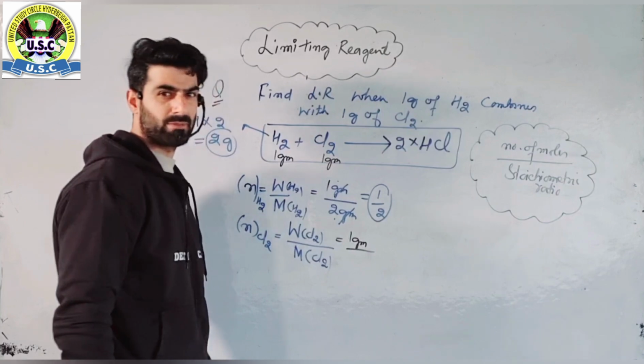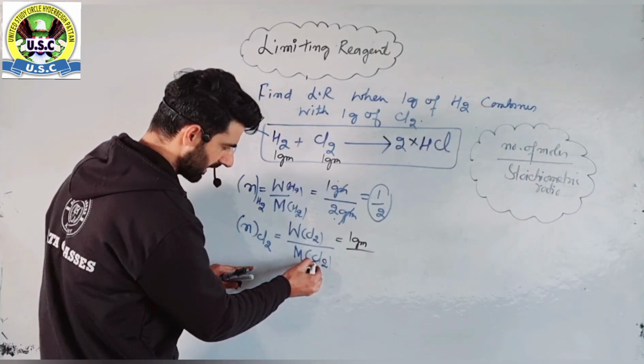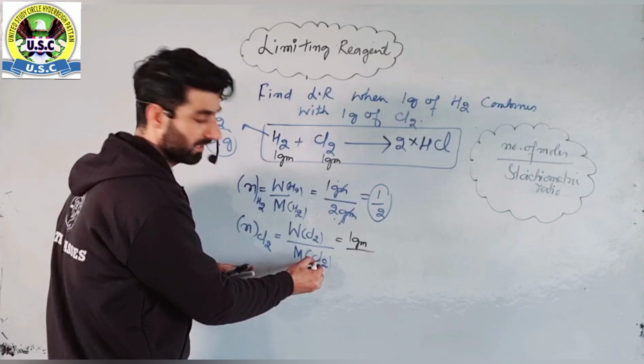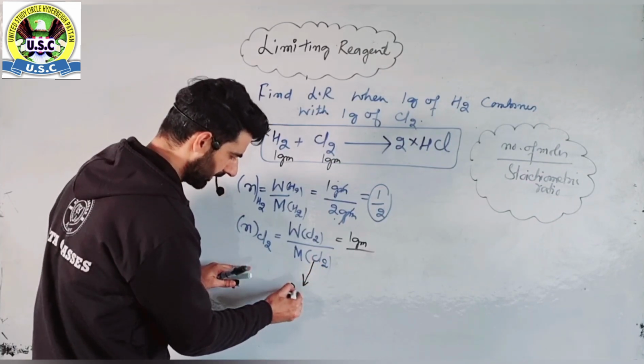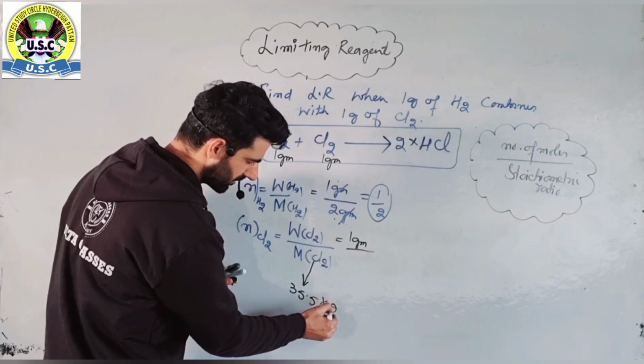Now, what is the molar mass of Cl2? First of all, you must know the atomic mass of Cl, which is 35.5. Multiply it by the atomicity 2.